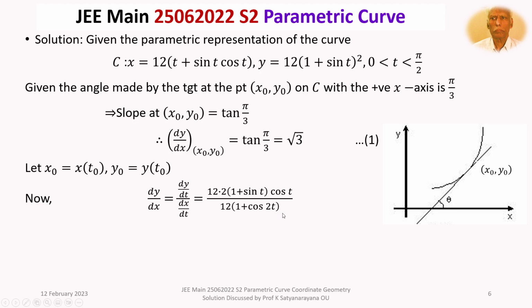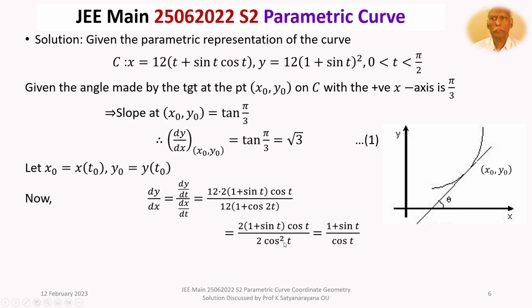For dx/dt, we have 12 times the derivative of t, which is 1, plus the derivative of sin t cos t. We have written this as 1/2 sin 2t, and on differentiation it is cos 2t. Now 12 cancels, and we get 2(1 + sin t)cos t over 1 + cos 2t. 1 + cos 2t we write as 2 cos² t.